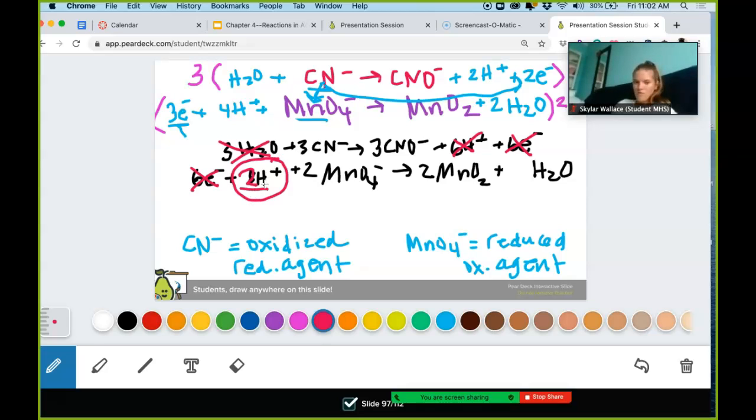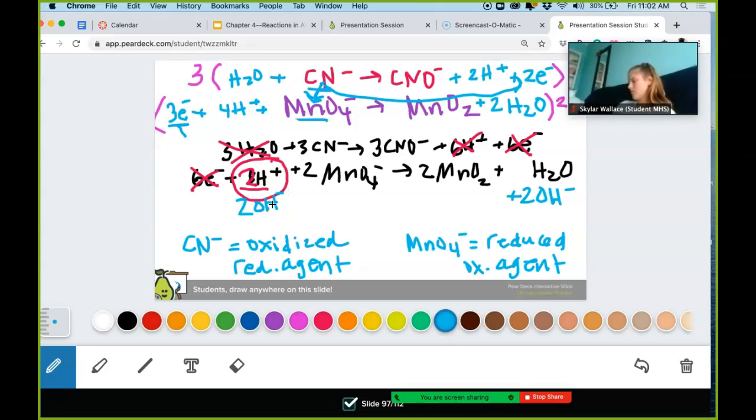If this said 30 hydrogen ions, you'd add 30 hydroxide ions. It says 2 hydrogen ions, so I am going to add 2 hydroxide ions to the left side of this reaction. Well, just like in math, if I do that to the left side, I have to do that to the right side also. So I have to put 2 hydroxide ions on the right side of the arrow also. Now this is where it gets tricky.